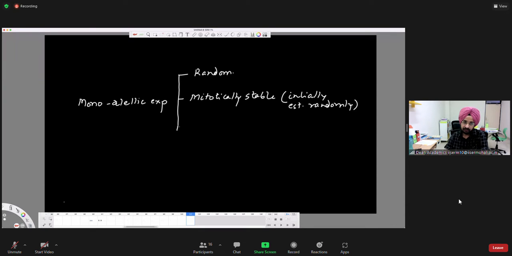The third one is parentally fixed. So what is the example of mitotically stable? Do you know any example?